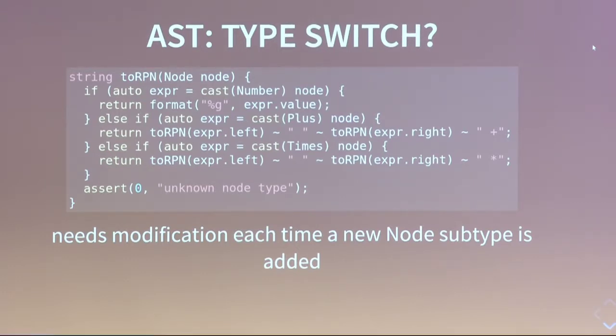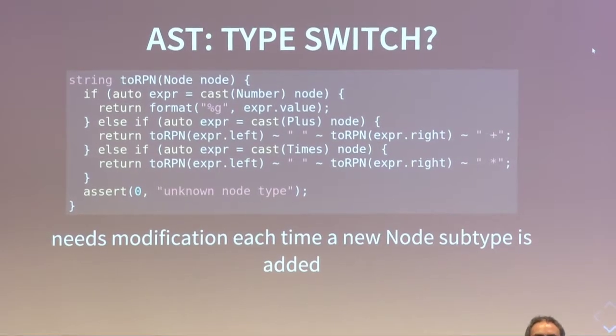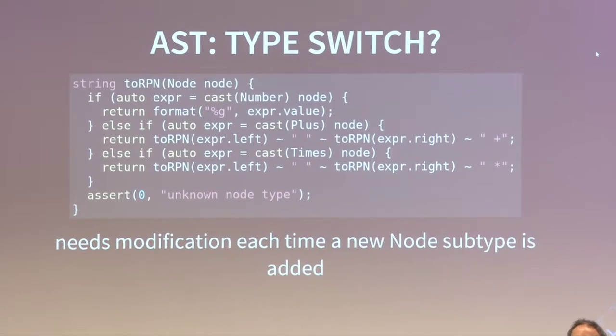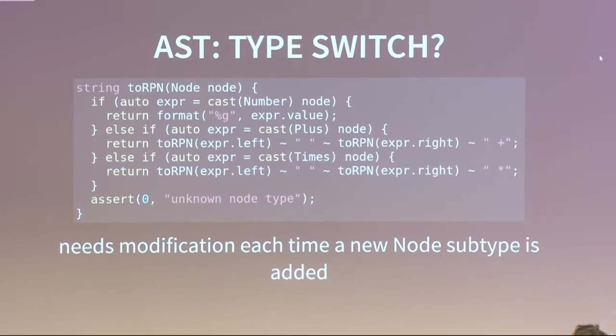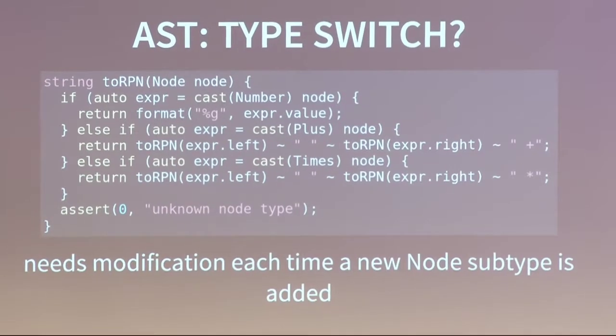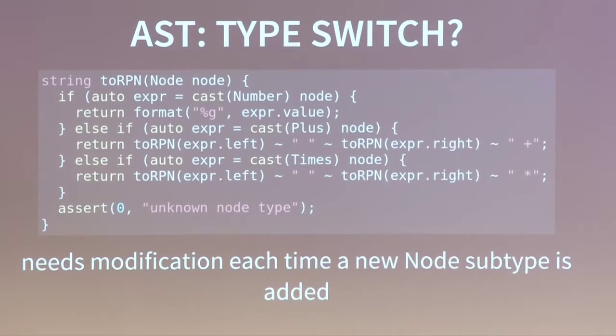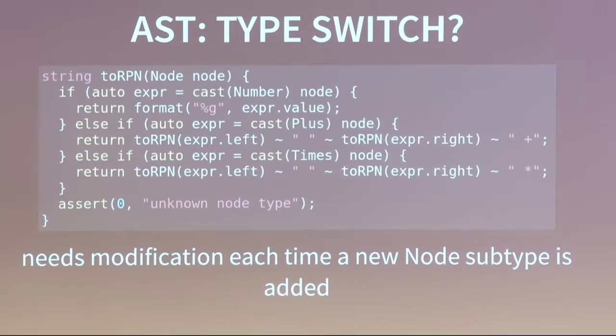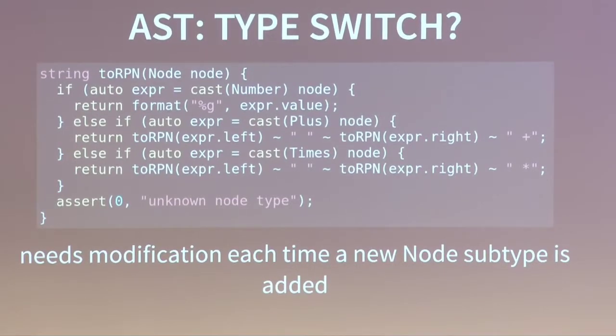And this is really not very good because it's not efficient. What if there are many options for the node? And more importantly, each time that we add a node subtype, we will have to update this function, if we remember. So this is not great at all. And on top of it, if that function is in a library, maybe you don't have the option of modifying it.